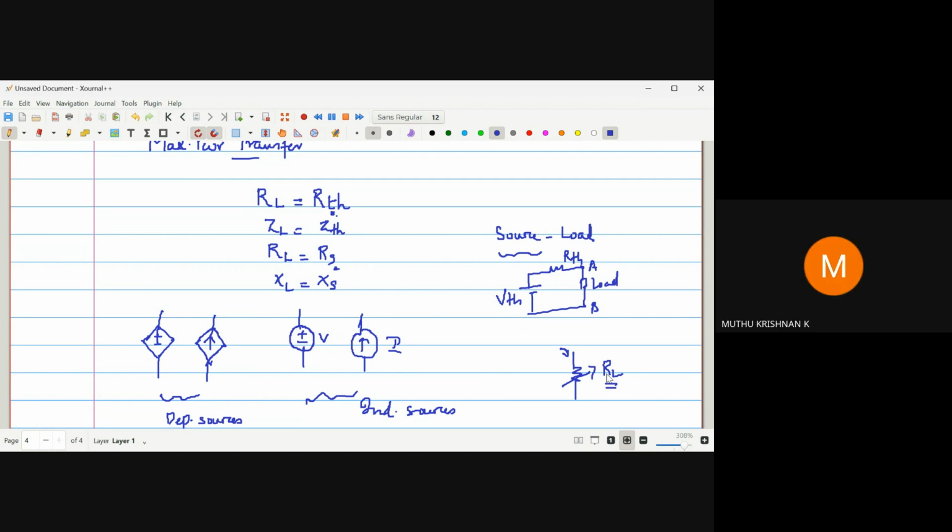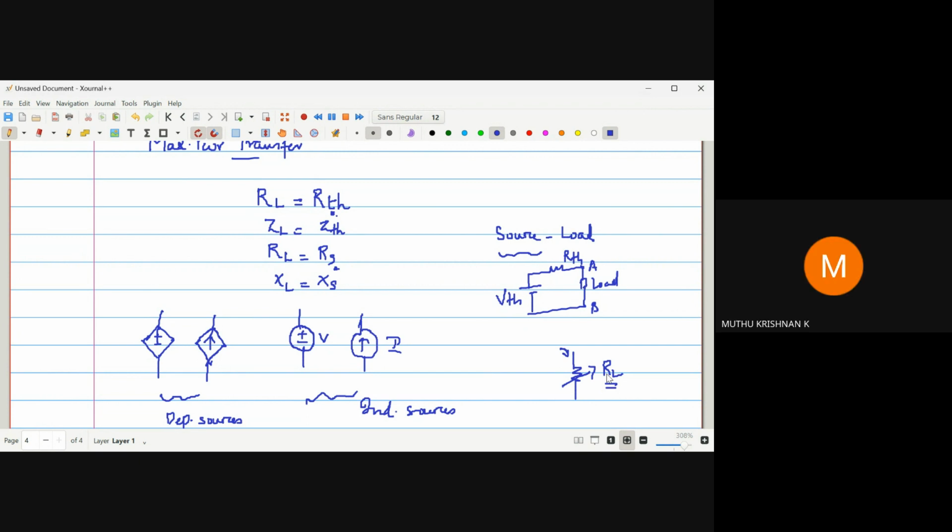Actually, I am asking, if R load is lower than RTH, why can't it consume maximum power? You are asking whether R load is greater or lesser? Lesser, ma'am.